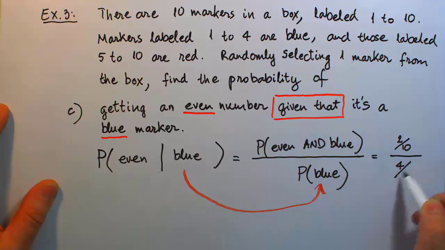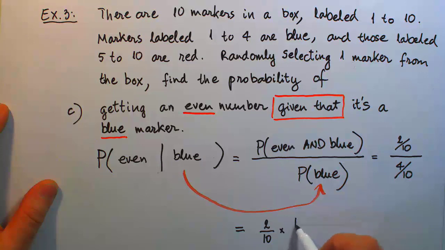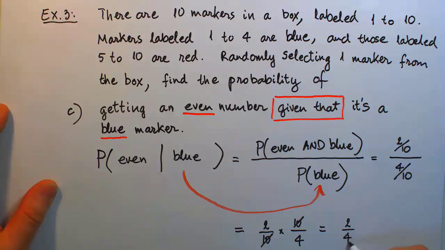Mathematically, it's the same as 2 tenths times 10 over 4. Once again the common factor 10s cancel, and it becomes 2 over 4, which in turn reduces down to 1/2.